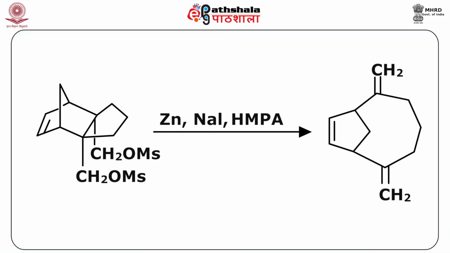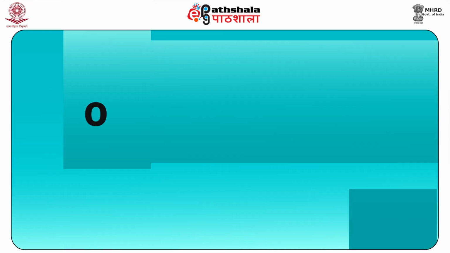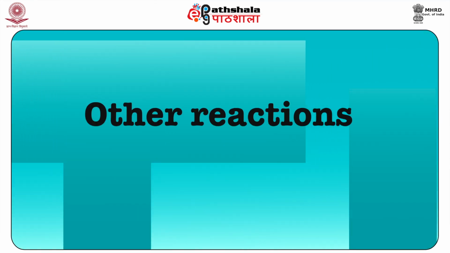The reaction was optimized by Ghosh et al., in which 1,4-bis mesylates, when heated with zinc powder and sodium iodide in HMPA, afford the bridged 8-membered rings, as shown here.